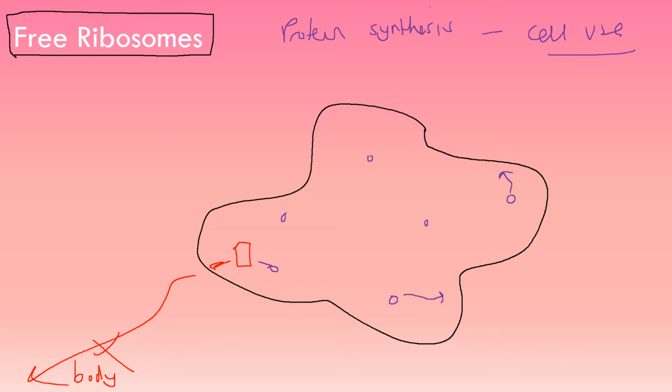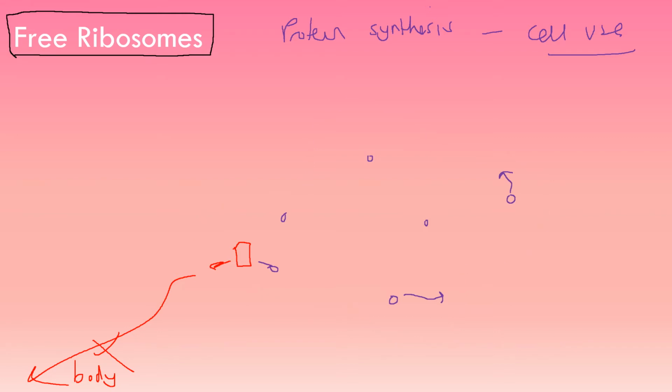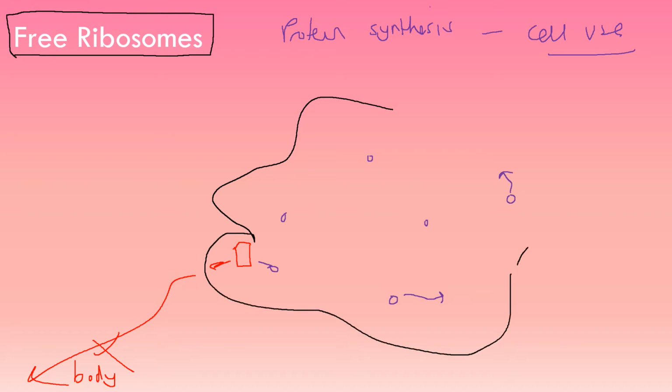Now, why would the cell want to create a protein, and what example can I give? Well, let's have a look at a protein channel. Here is, in green at the top there, a protein channel. That's just one protein.